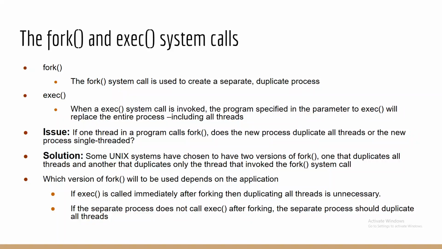In that case, duplicating only the calling thread is more than enough. However, if the new process is going to continue executing without calling exec, then it should duplicate all the threads to continue the multi-threaded logic of the parent.